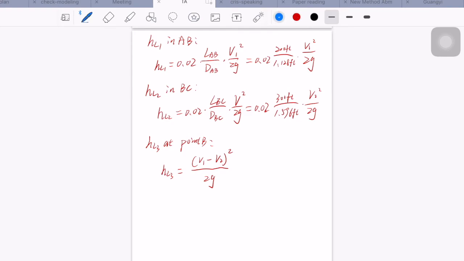Actually, this is equation 7.37 in your textbook.